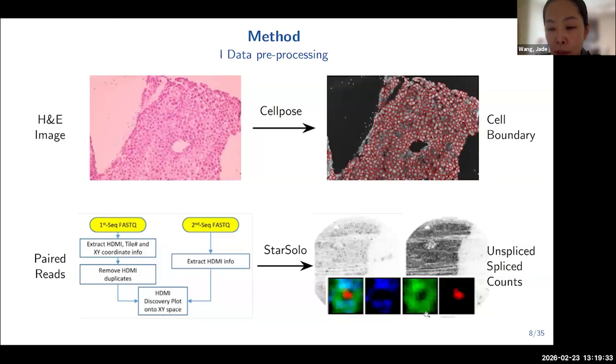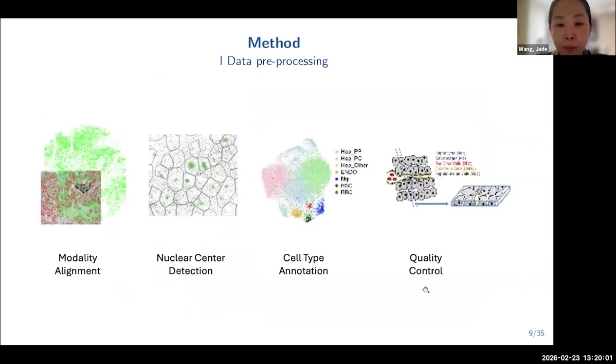The green intensity highlights the cytoplasmic area. We can see there's a hole, which is the nucleus, and the mitochondrial gene also shows up in the cytoplasmic region. So this is one of our motivating examples for subcellular localization. We have the unspliced data, and we hope to detect where the nuclear center is.